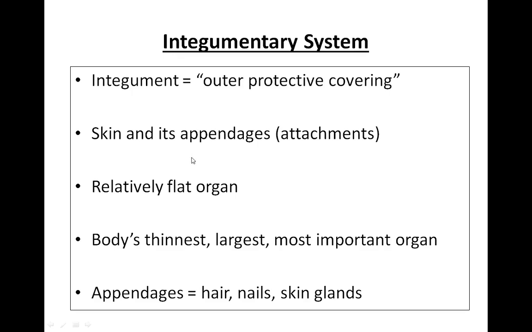So the whole skin and its appendages come under the heading of integumentary system. Integument means outer protective covering. Now skin is a relatively flat organ, and it is your body's thinnest, largest and most important organ.